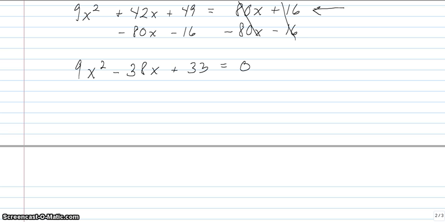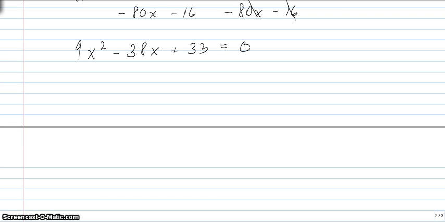This quadratic we could solve using the quadratic formula, but I do believe that this particular quadratic factors. So we can do 9x and x, and let's see if we do minus 3 and minus 11, I believe that gives us the correct factorization.